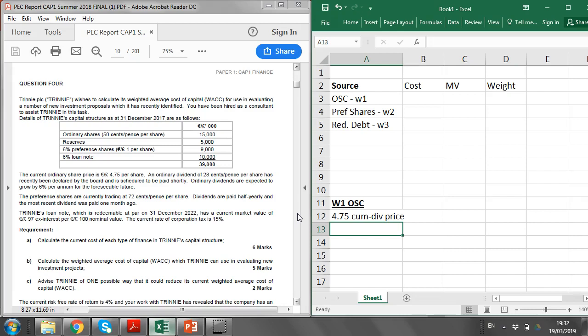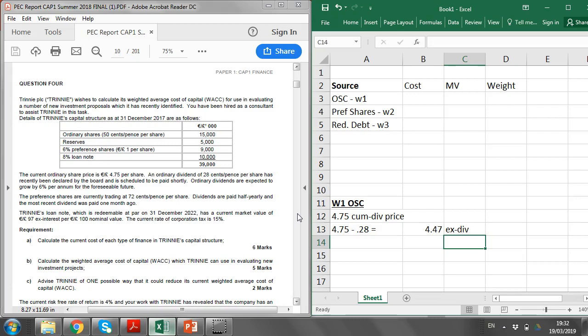So you're going to do $4.75 minus 0.28, and that will get you $4.47, which is what we call your ex-div price. And that's an important tip to put in your cheat sheet. You're always looking at the price excluding any dividend that may be included in it. So we know our ex-div price per share is $4.47.